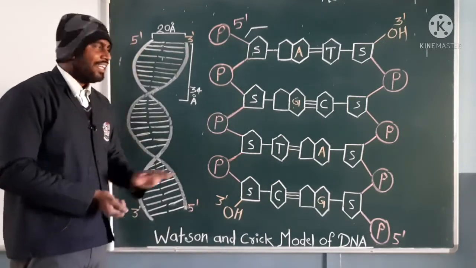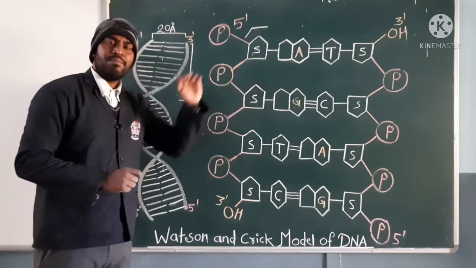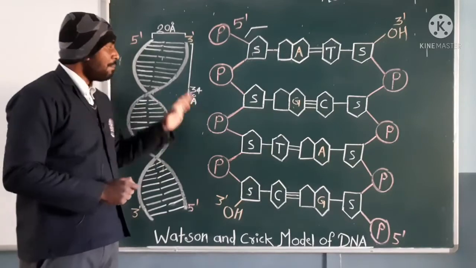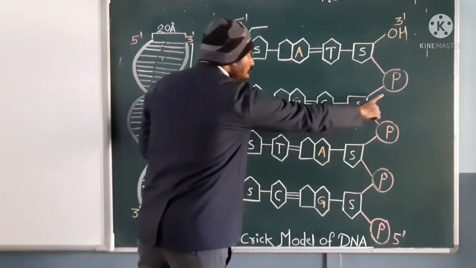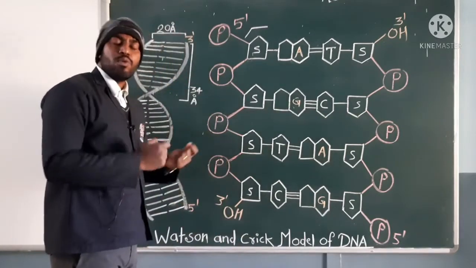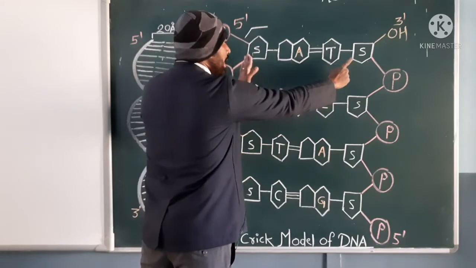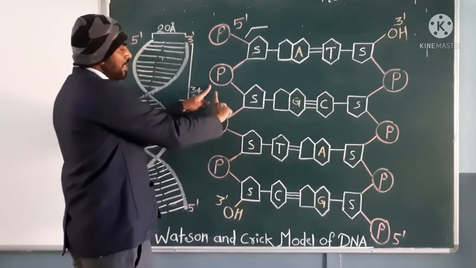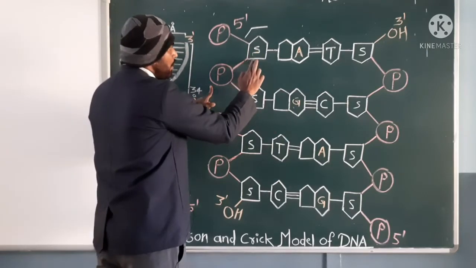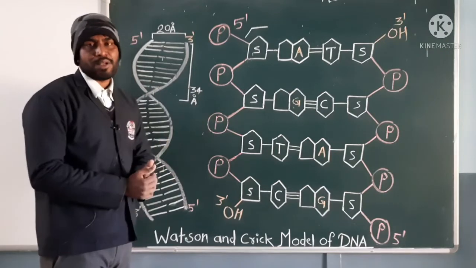That's why it is said that the phosphate group and the pentose sugar, a 5 carbon sugar, make up the backbone of DNA. The phosphate group is always situated on the outermost side and attached to the pentose sugar present inward, and the phosphate group attaches with the pentose sugar by a bond called the phosphodiester bond.